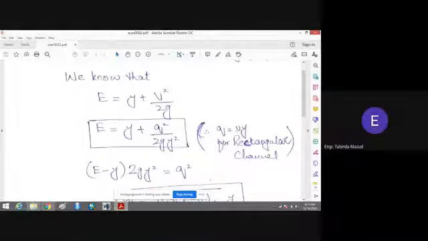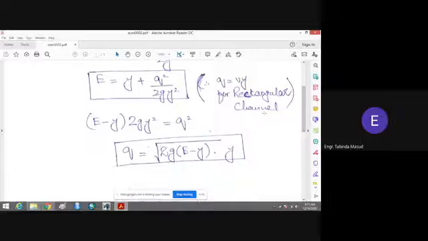We can put the value of v from this equation into the specific energy equation, and we will get this simplified equation: E equals y plus q squared divided by 2g y squared. By simplifying this equation, in the end we get this result for the unit discharge. We already discussed that the energy is constant.